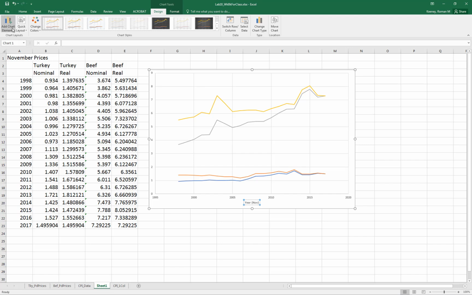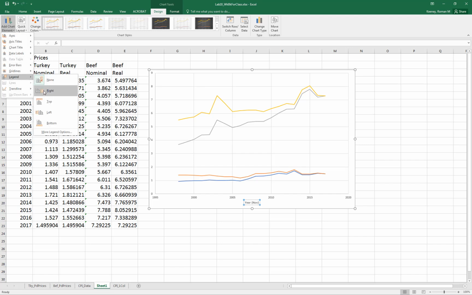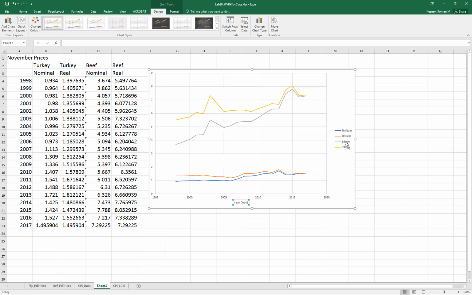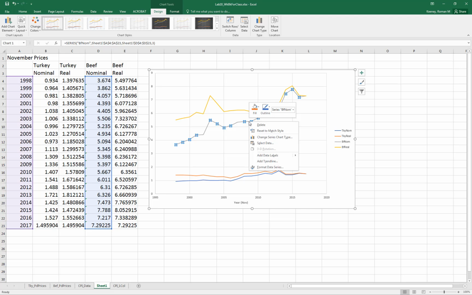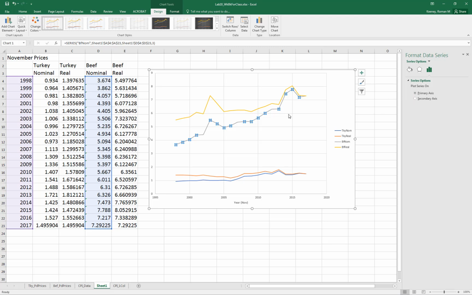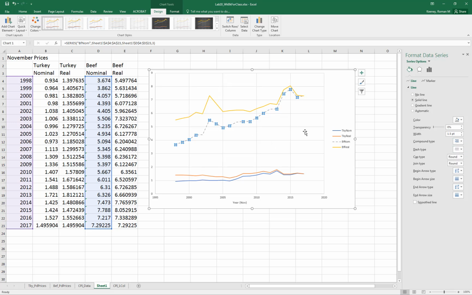You could add a legend like this so that every one of your series is marked as different for colors, and then of course you could highlight one of the lines here, and by clicking on Format Data Series, you can change the way the line looks so that you get a broken line. If you were going to print this in grayscale, black and white, some kind of monochrome thing, you can change the way the lines look so that they're easier to spot the differences in than just color.